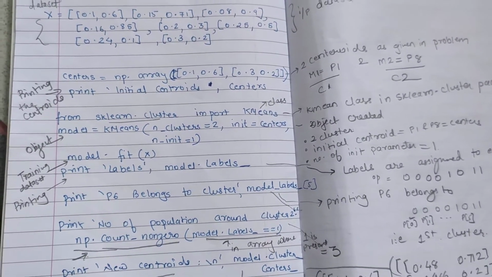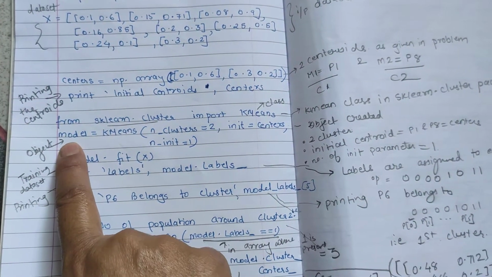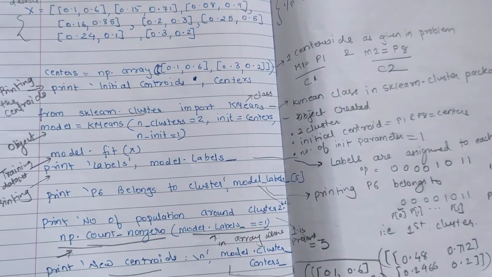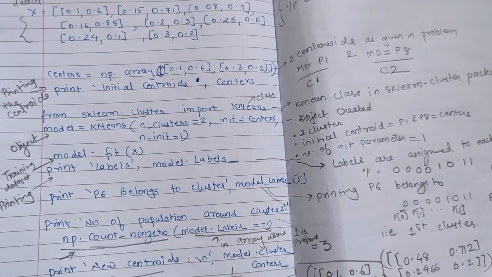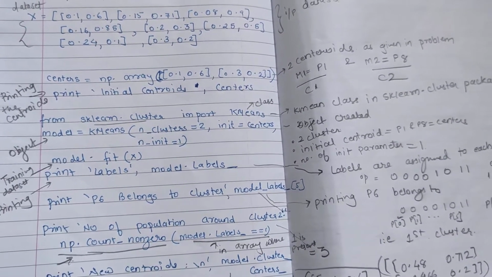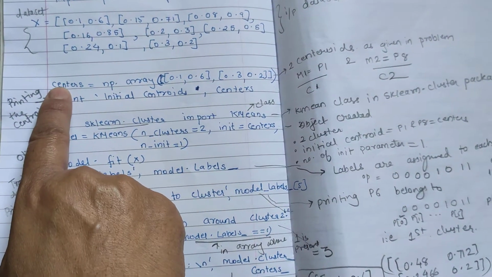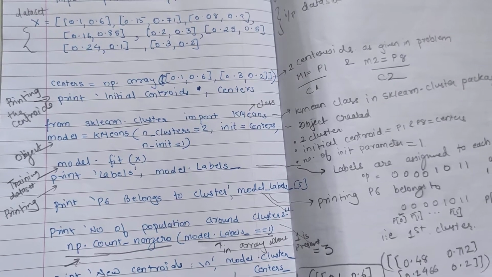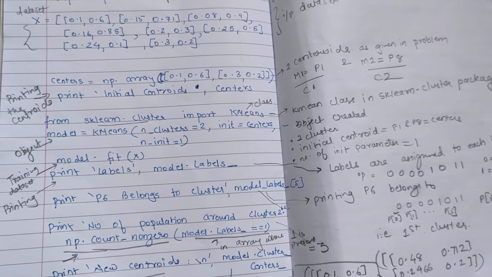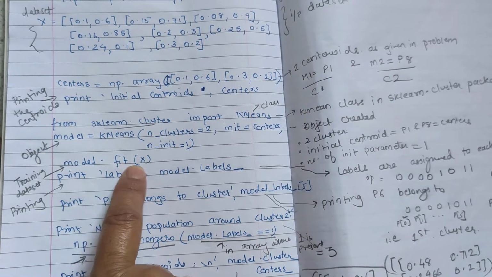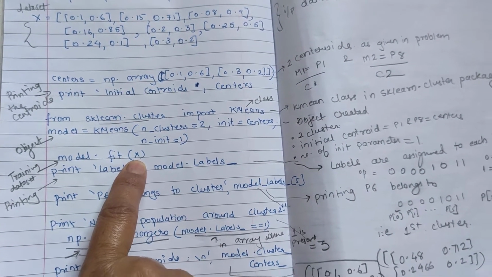After that, we are taking a variable in which we give KMeans with n_clusters equal to 2, which indicates that there are two clusters. init is equal to centers, and this centers value we are going to take from here, which is P1 and P8. The n_init parameter is equal to 1. We are going to train the model using model.fit on x.